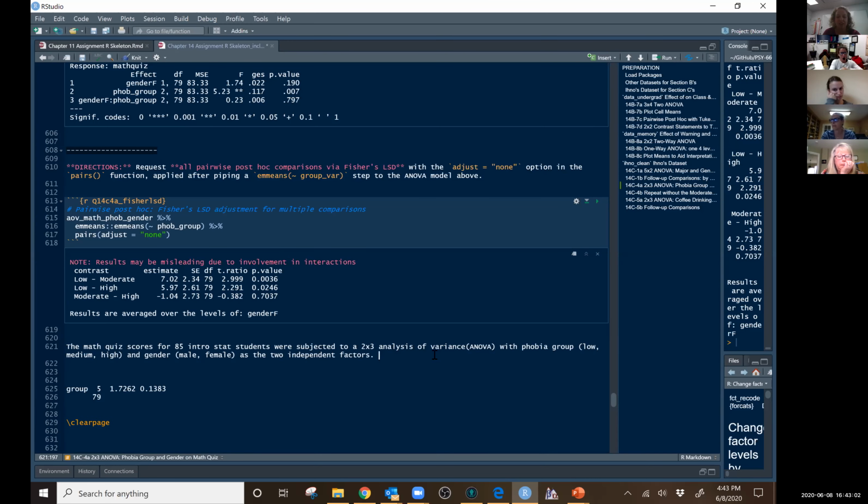So Levine's test found no violations of the assumption of homogeneity of variance.